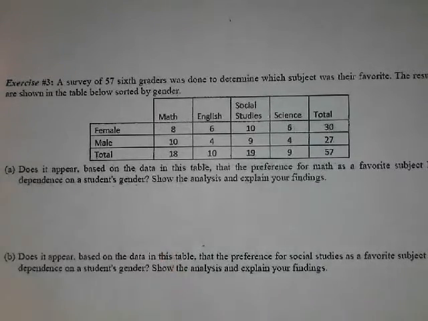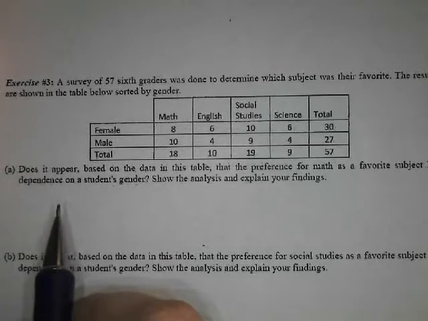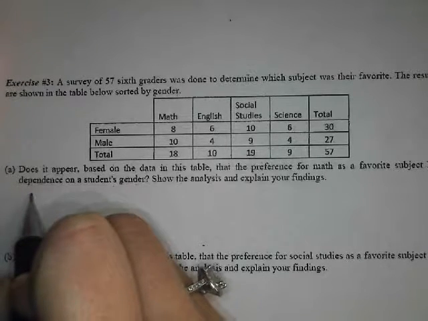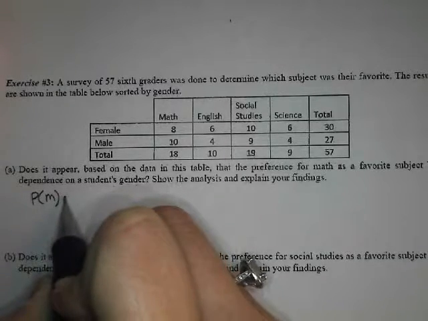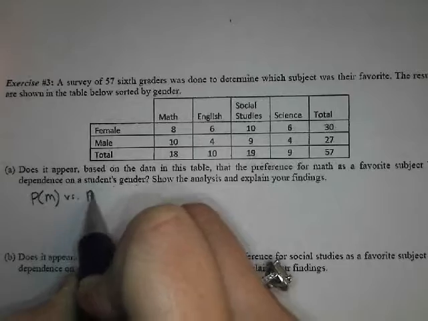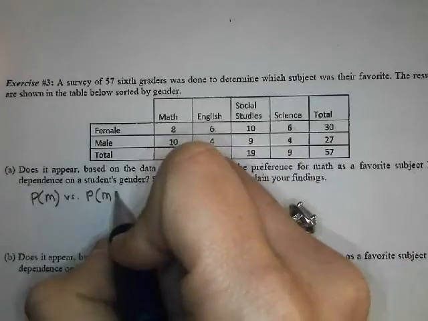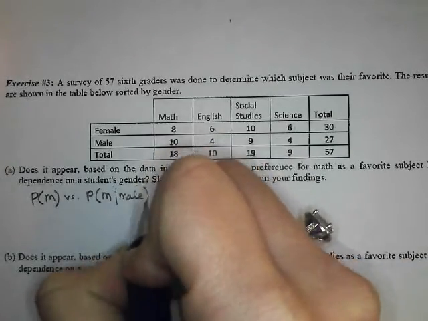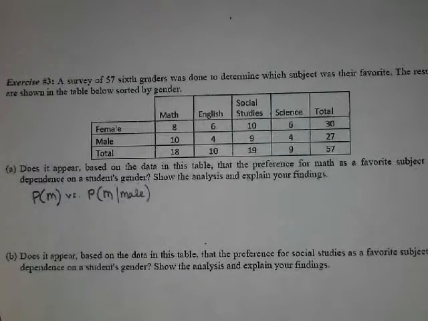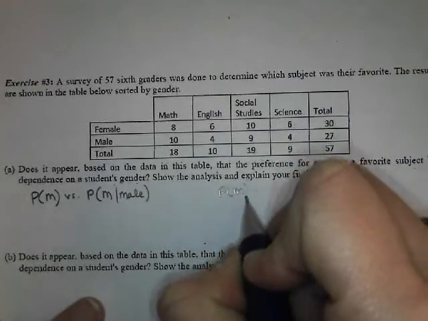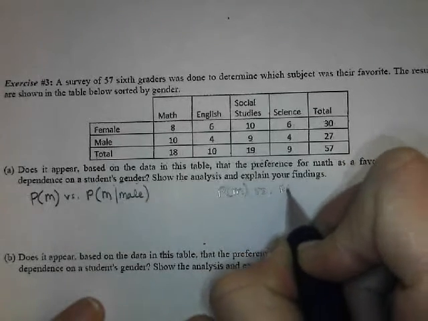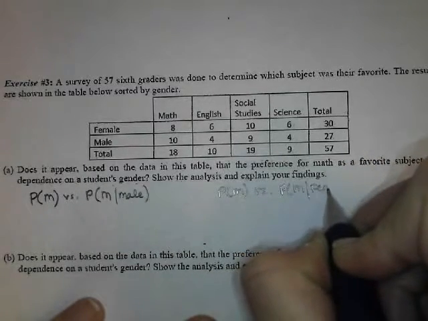So there's a bunch of things we could calculate, and I'm going to give you options. We could look at the probability of math versus the probability of math given male. I can't use an M again, so I'm actually going to write out the gender. Or I could look at the probability of math versus the probability of math given female.